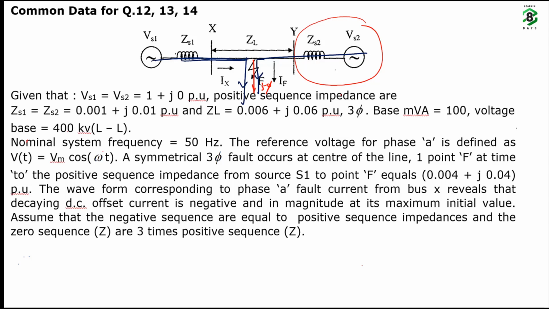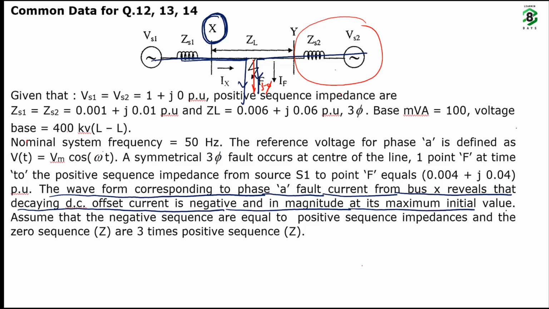Okay, now he is asking about the initial fault current that is flowing through bus bar X. The waveform corresponding to the phase A fault current from bus X reveals a decaying DC offset current which is negative in magnitude, and assume its maximum initial value.